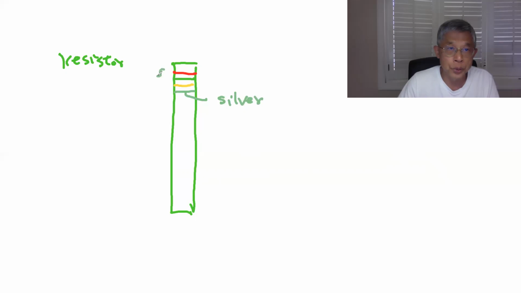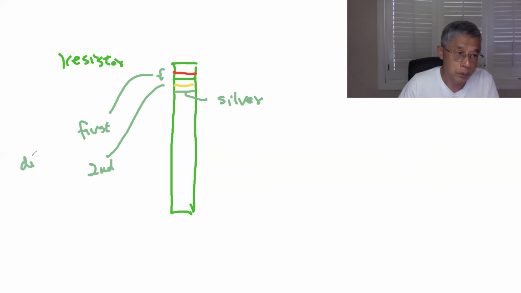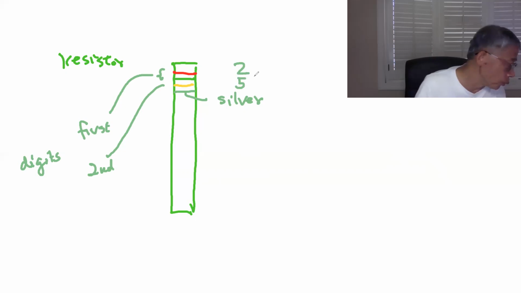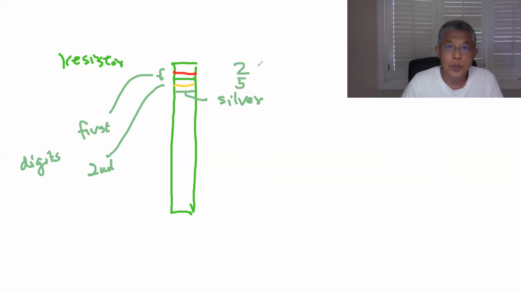So the first two are the so-called first and second digit. If you look up, red means 2 and green means 5. So this says it's 25.